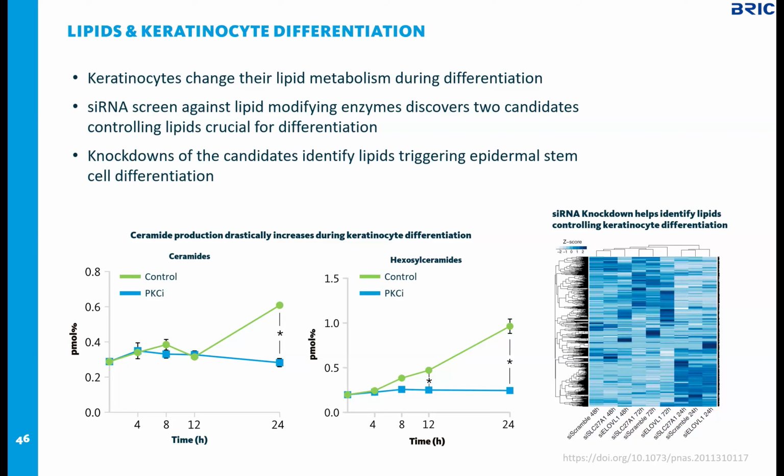This study highlighted the role of sphingolipids, and particularly ceramides and hexosylceramides, as well as some glycerophospholipids such as phosphatidylcholines and phosphatidylserines in regulation of keratinocyte differentiation.